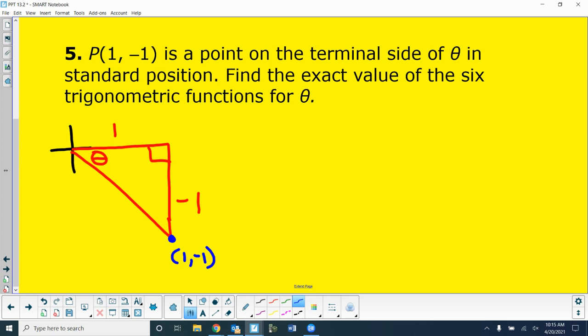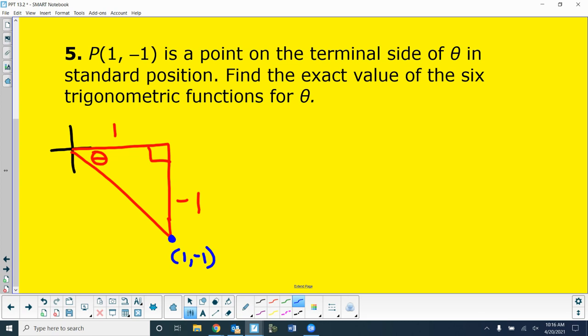But that's the picture of the triangle. You go right 1 and down 1, right? So that's the picture of the triangle. This was like the last 3 that a lot of you skipped. Wherever your point is, you just draw a triangle.